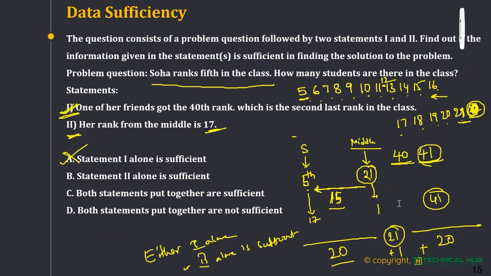In general, you have to think that each and every student in the class got a different rank. No 2 students got the same rank. So that is the case I have to take in general.